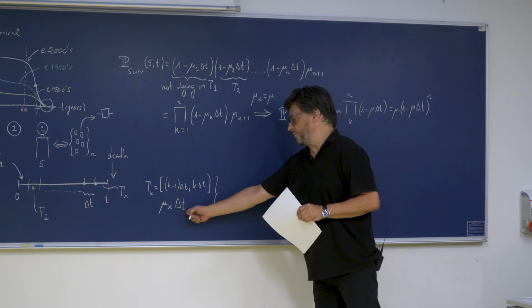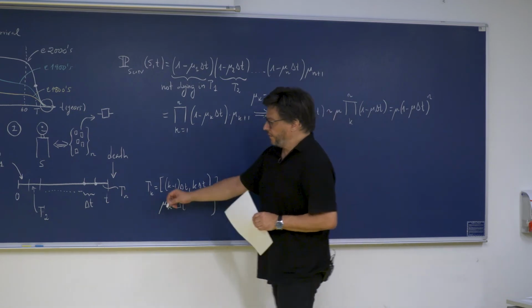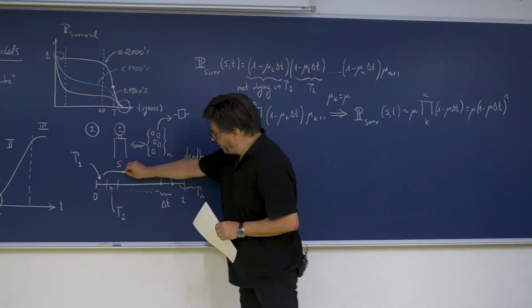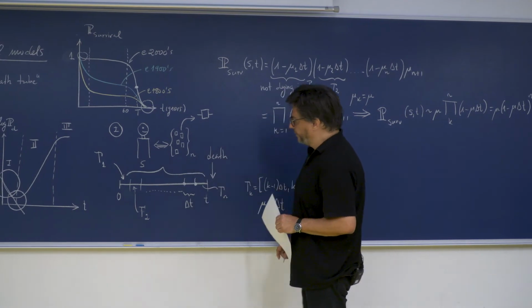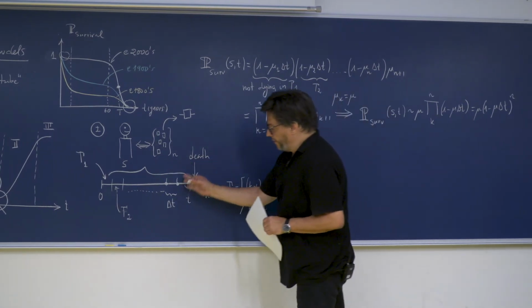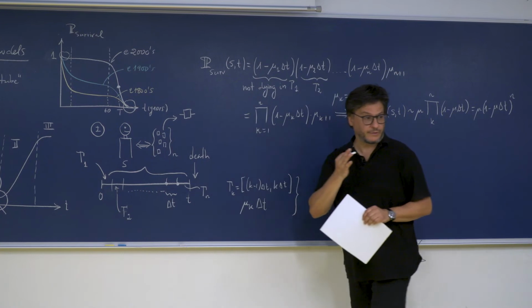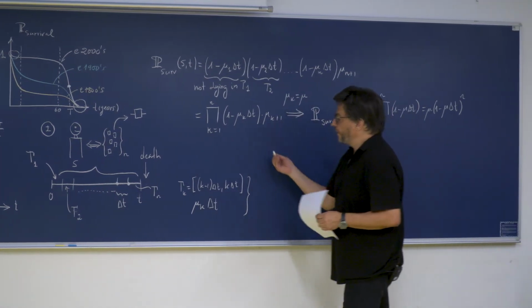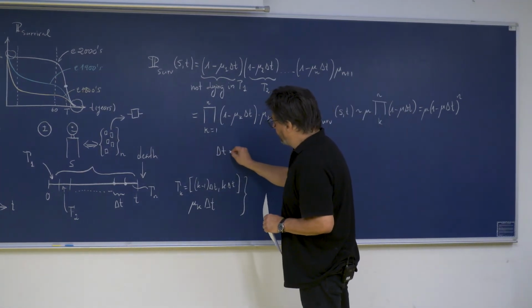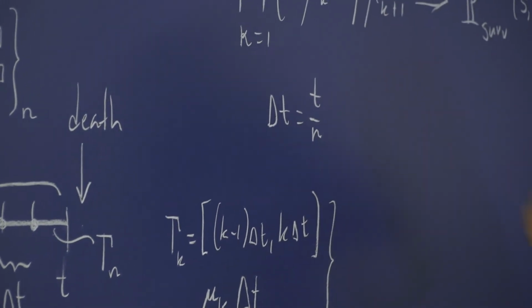What is delta t? Delta t actually is the total length of my interval divided by n. I made n partitions, so in fact, delta t is nothing but this.